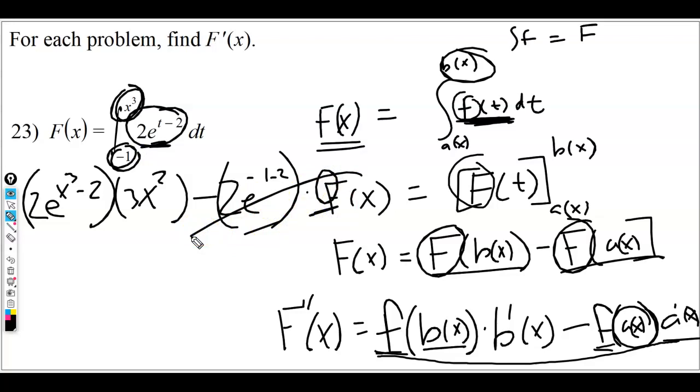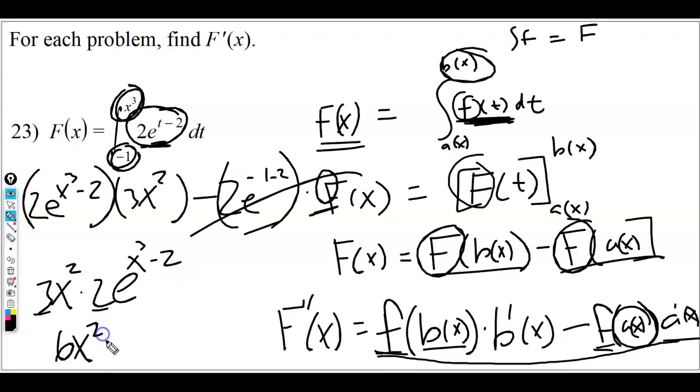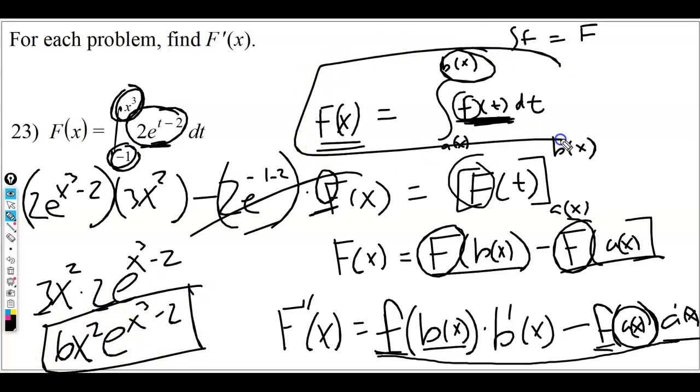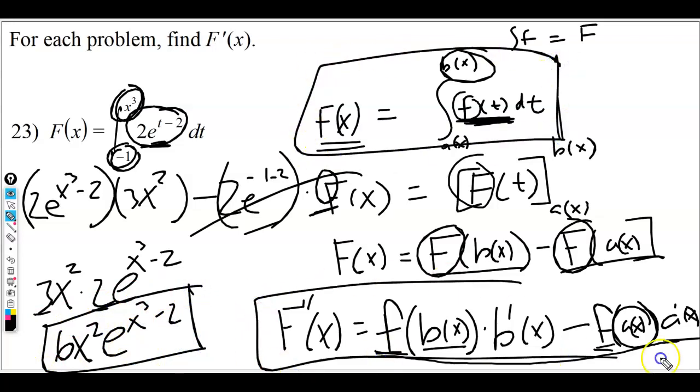And so here's what we would end up with as our final answer. They would usually put the 3x squared in the front times 2e to the x cubed minus 2. And then we could multiply the 2 and the 3 and probably just get this. But basically, if you have this set up, this is how you're going to get the answer.